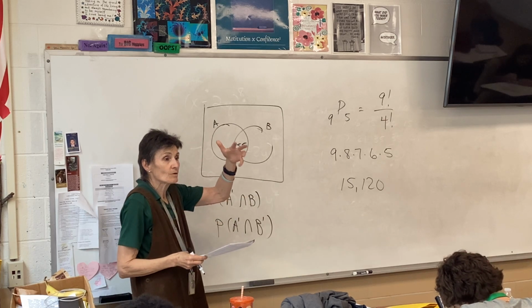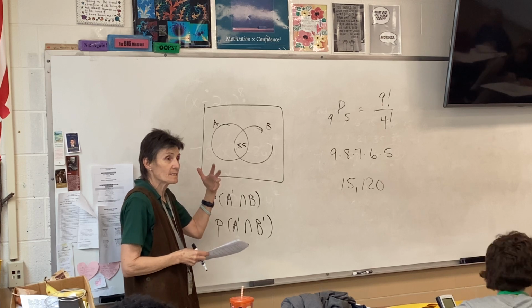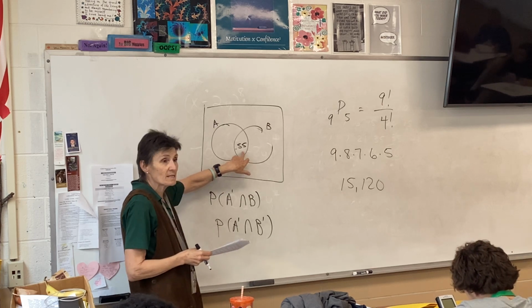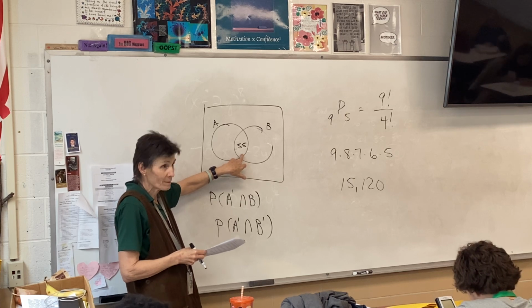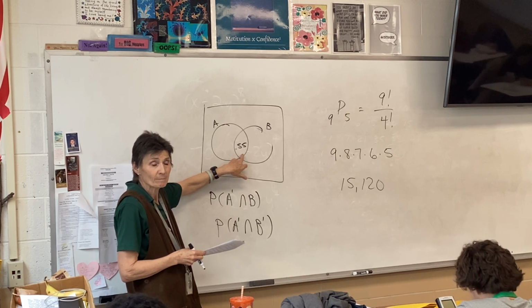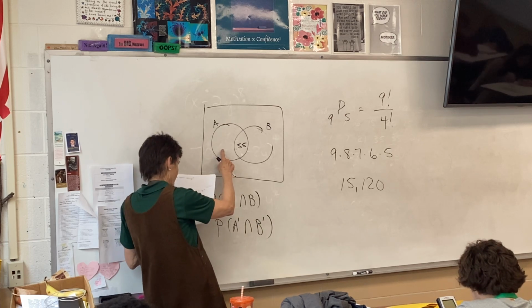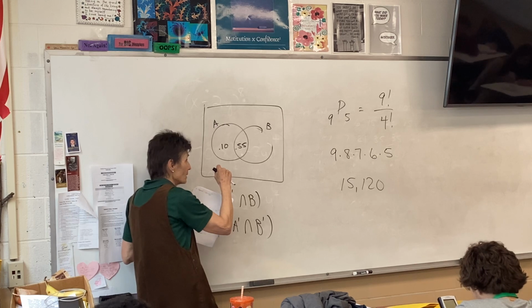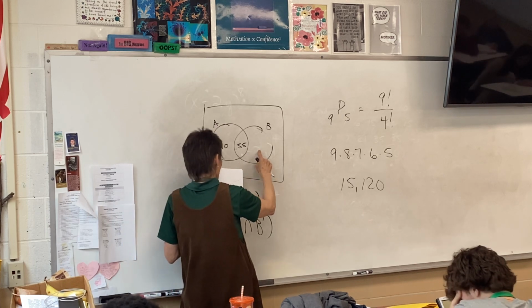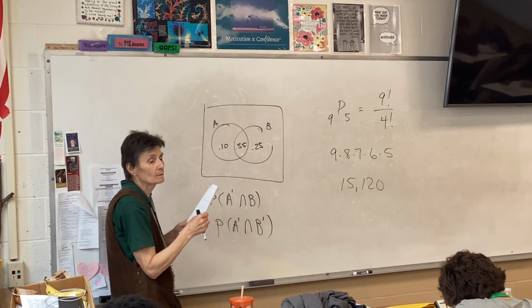Everybody needs to understand that these people right here are apples and bananas, right? Okay. Now what's here then? 0.10. What's here? 0.25. Everybody good with those numbers?